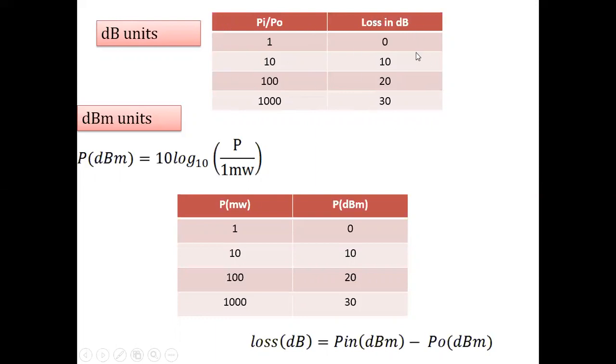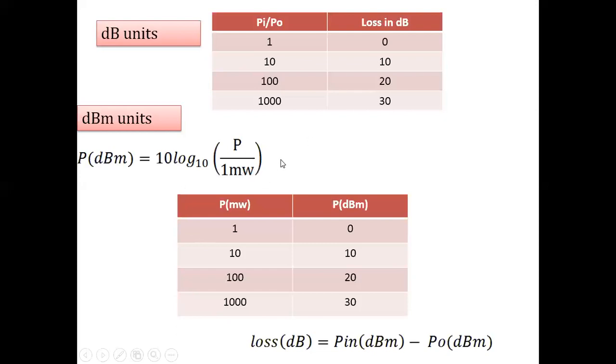Now we can see about dBm units. To facilitate calculation, it is also convenient if we represent power in terms of dB units. But we know dB units involve log, and we can take the log of only a ratio. So how could I represent power in watts in dB? For that we have to take a reference value. Here I have taken the reference as 1 milliwatt.